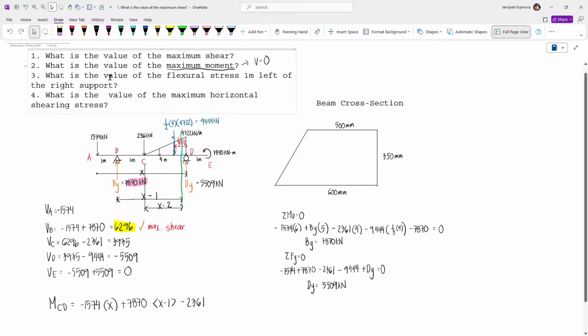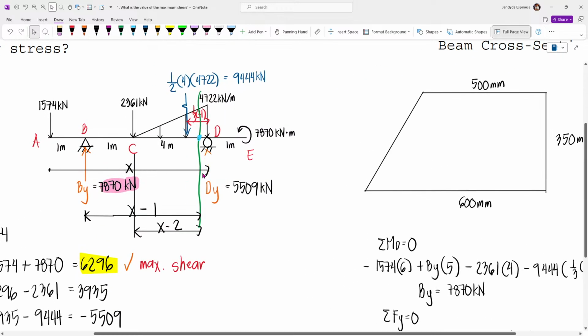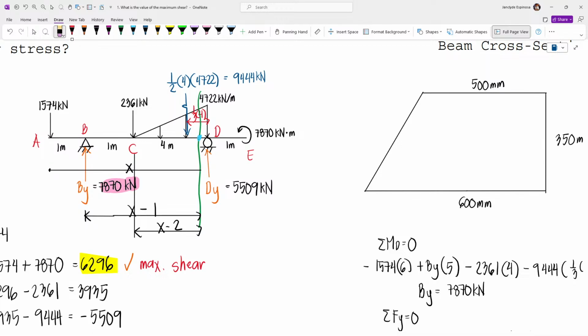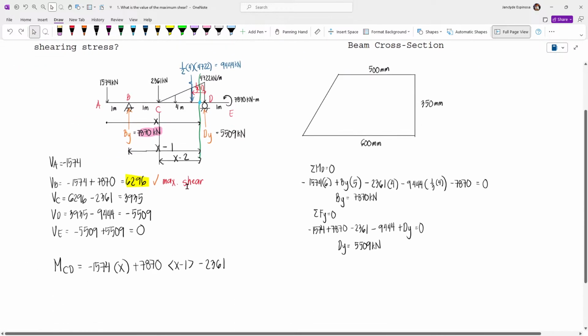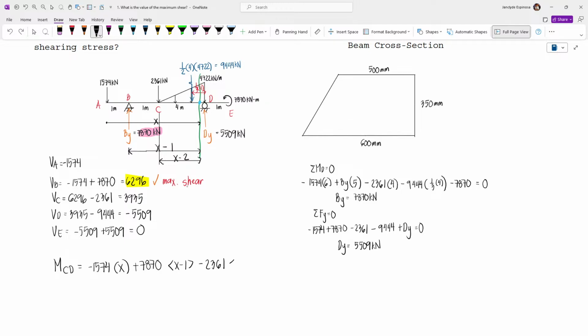Again ha, medyo sayop ang figure. Gana, x minus 2. The moment arm of this load toward the cut. So, times x minus 2.